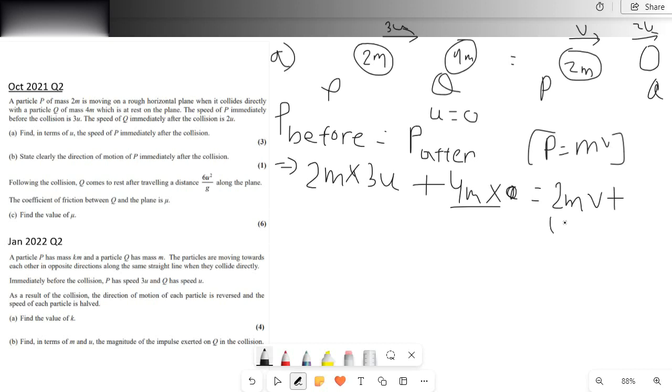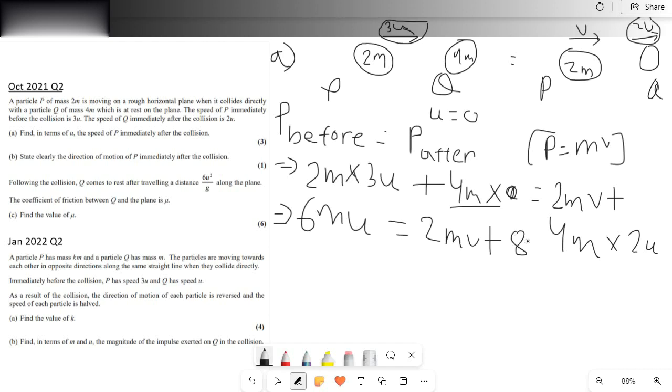For Q, it is 4m multiplied with 2u. Because all of the speeds are in the same direction, they will all be positive. On the left hand side, we have 6mu, and on the right hand side, we have 2mv plus 8mu. Therefore, we have 6mu minus 8mu is equal to 2mv.